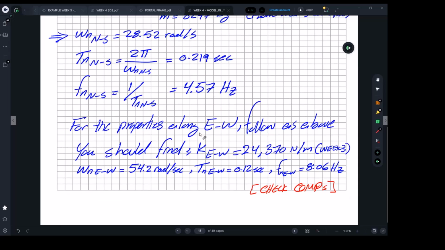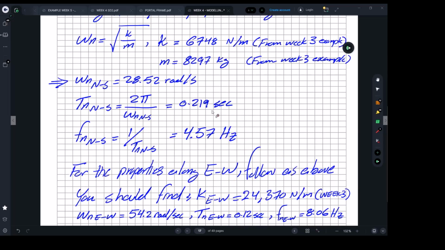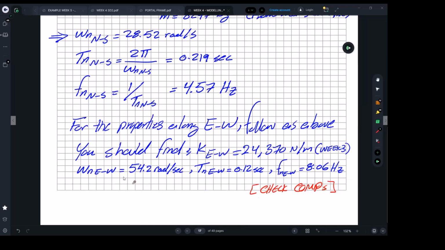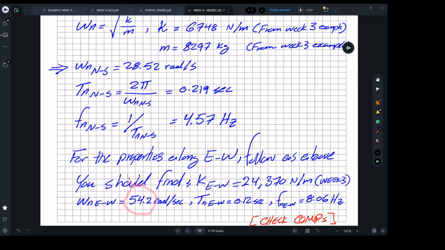And looking at the east-west direction, which was this one. The short direction, if you remember from last week, was controlled by the bracing rods, so you should be able to find the circular frequency omega of 52, and see, it's stiffer. If you compare the short direction with the long direction, compare these two values, it's basically double.